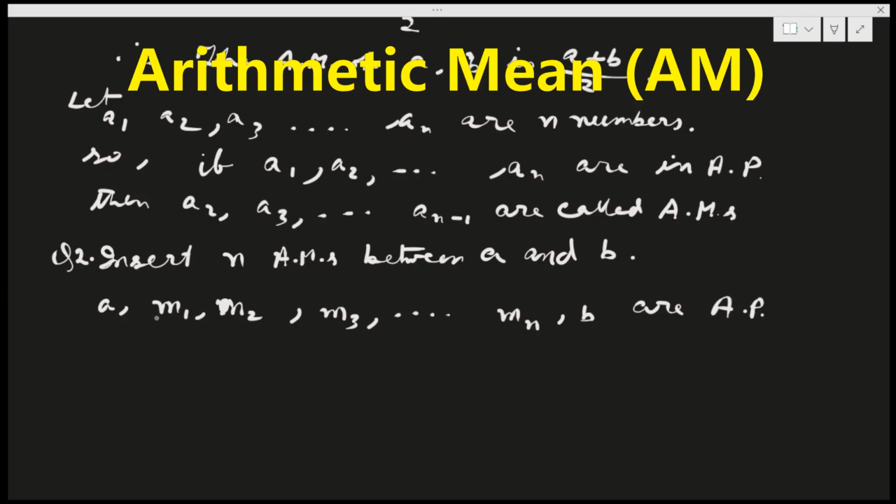Therefore there are n plus 2 numbers, because of n arithmetic means, the first number and the last number. So these are in AP containing n plus 2 terms.